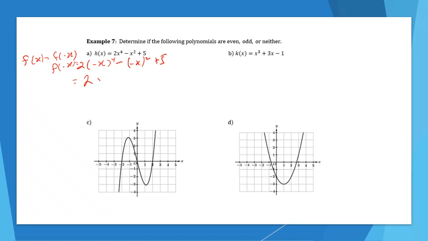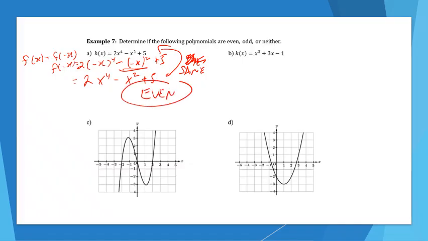This becomes 2x to the fourth minus x squared plus 5. So be careful with your negative signs and parentheses. This is the exact same function. So because they are the same, this function is even. So even there, that's good.